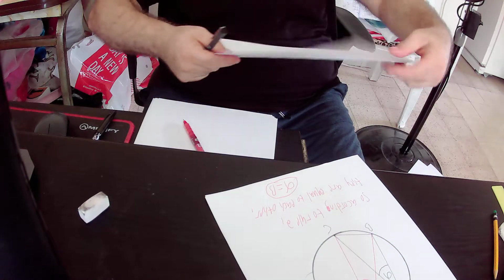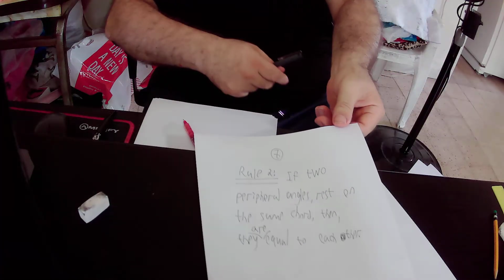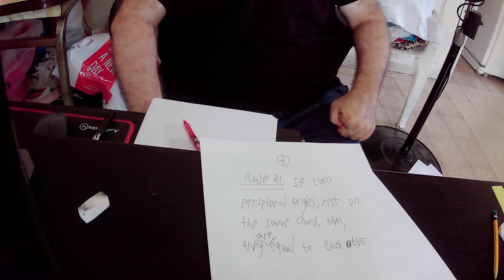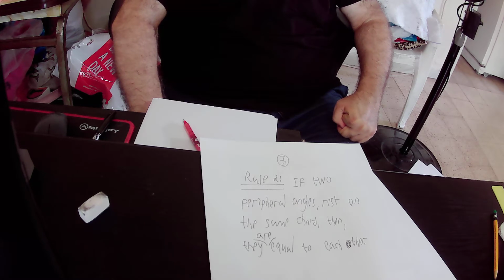Actually I forgot the word "rest" in rule number 2, so I will read it again. If two peripheral angles rest on the same chord, then they are equal to each other.